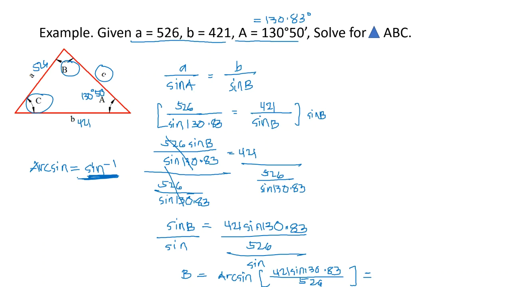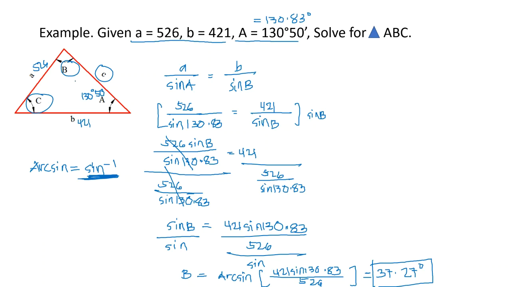So basically, this is equivalent to 37.27 degrees. Since this is an angle, you need to put the degrees sign. So we are done with angle B.